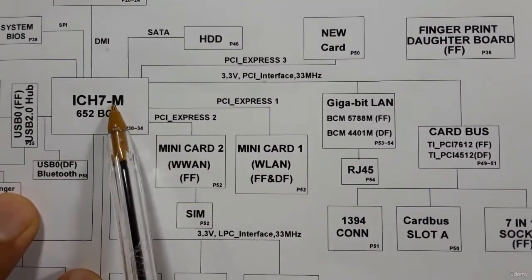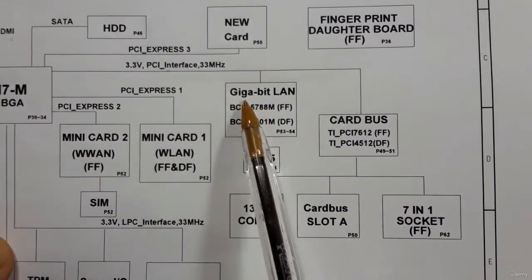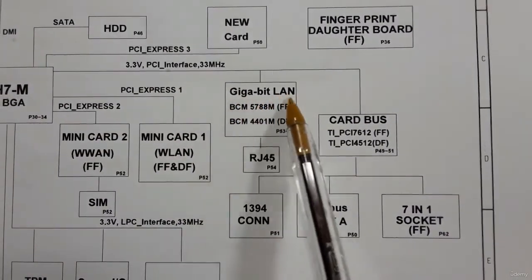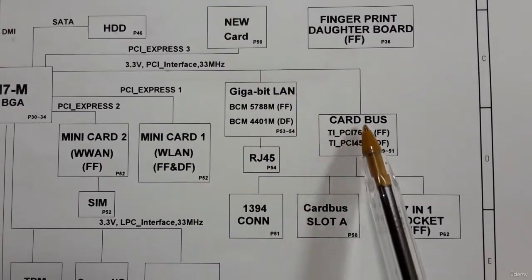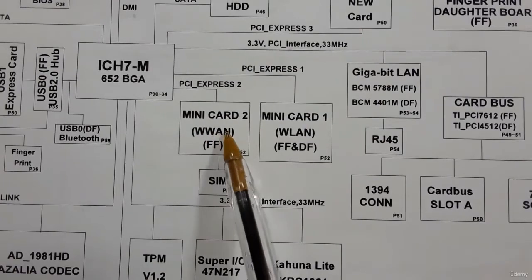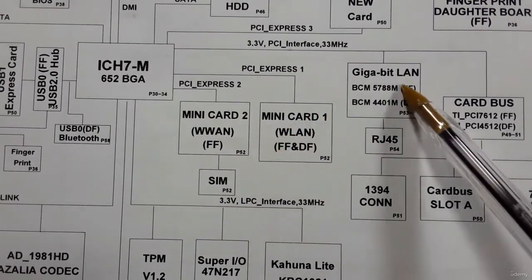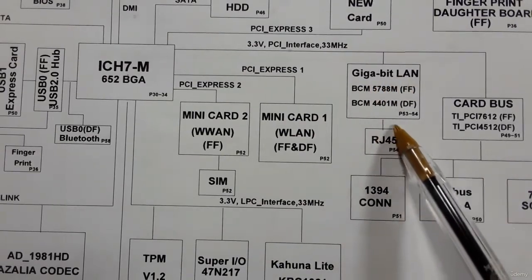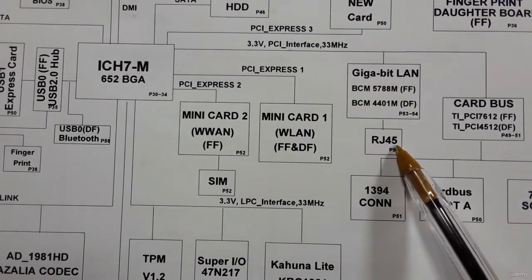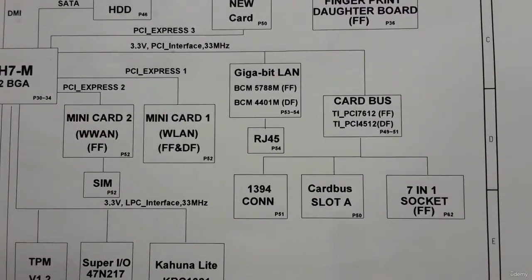Also it is connected to the LAN card or LAN motherboard, and also the card bus. Here we have the mini card for the WAN and the mini card for the wireless also. And this card is connected to the RJ45. So this is the block diagram where you can see the connections in this motherboard in general.